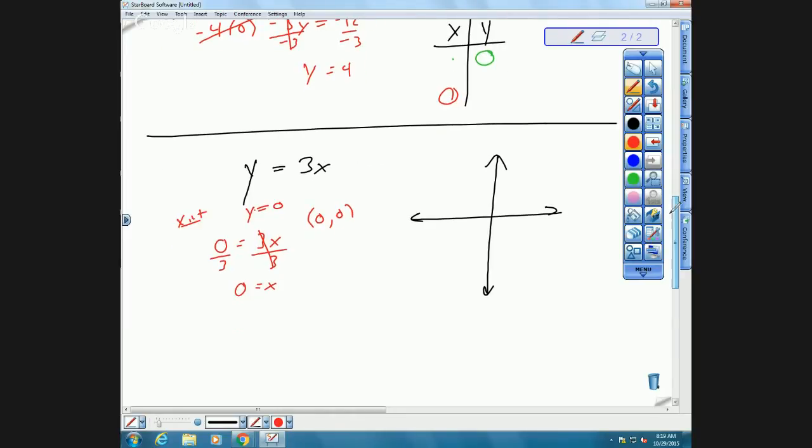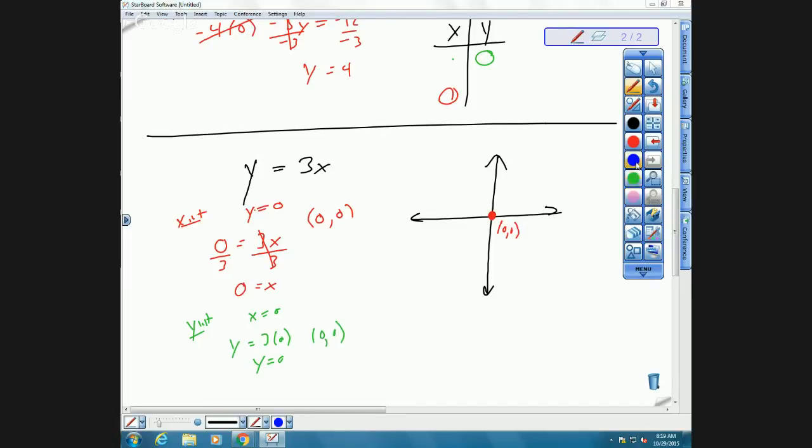I'm going to get 0, because the only spot this crosses the x and y intercept is at (0, 0). So it doesn't help me to find the y-intercept, because if I plug a 0 into there, I just get (0, 0) again. Okay, so I get the same point.